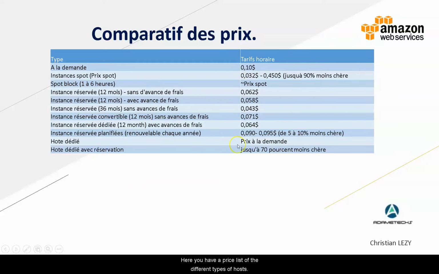Here you have a price list of the different type of hosts. As you can see, on-demand host will cost 10 cents, while a spot instance is much cheaper than other instances. Reserved instances cost on average more than 6 cents. The price decreases if an advance payment is made. A 36-month reserved instance will cost almost 4 cents.